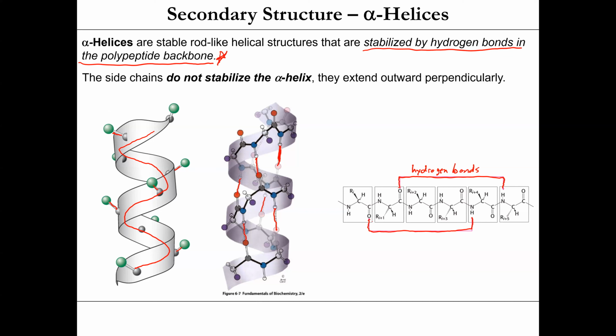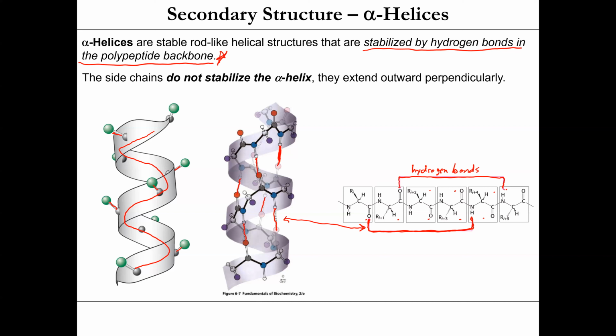You can also see it here on this depiction, planarly. This oxygen is going to hydrogen bond with this hydrogen from the amino group, which is 1, 2, 3, 4 amino acid residues further down the helix. And you'll see the same thing here with this oxygen from this carboxyl group onto this hydrogen in the amino group.